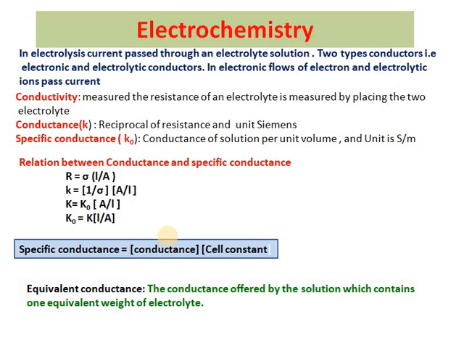Now the next point we are going to discuss is conductivity. You know that conductivity means the conductivity of a solution of an electrolyte. It can be measured in terms of the resistance.